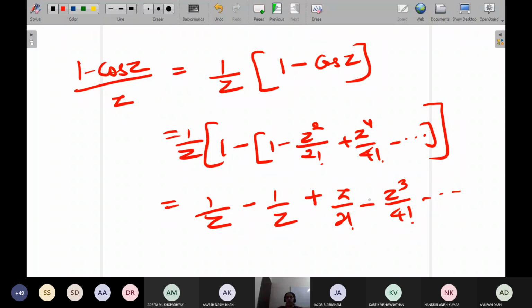Just write down whatever series you're getting. At last you'll get z by 2 factorial minus z cube by 4 factorial and so on.